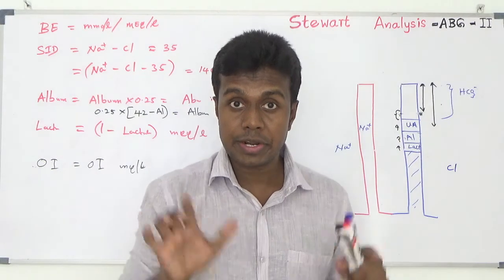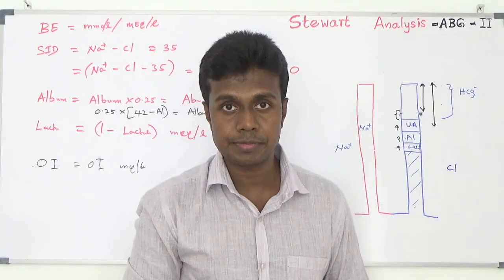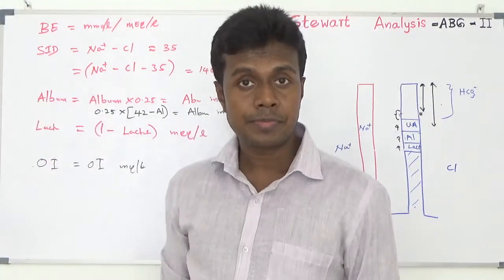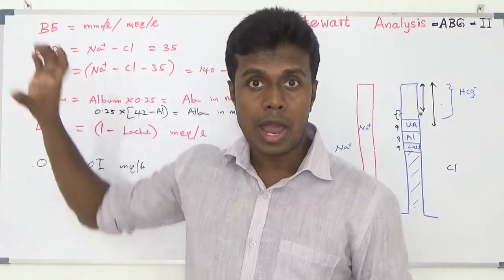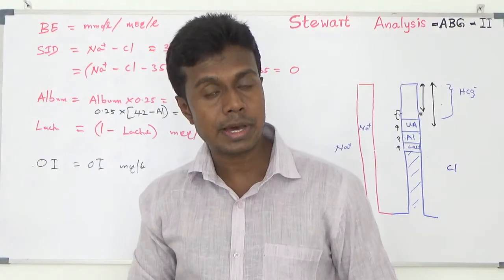Why? Electrical neutrality in my body I am going to check in milliequivalents per liter. Then what I found is my base excess was there. That means accumulation or reduction of milliequivalent substance is there.